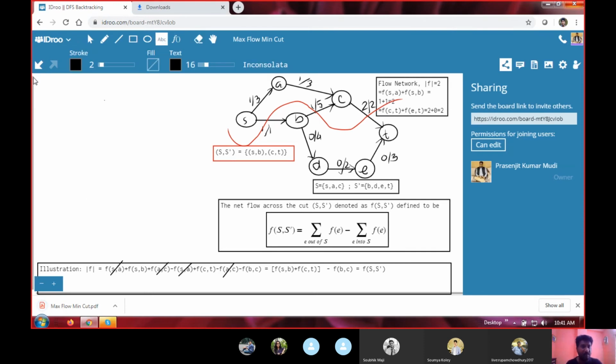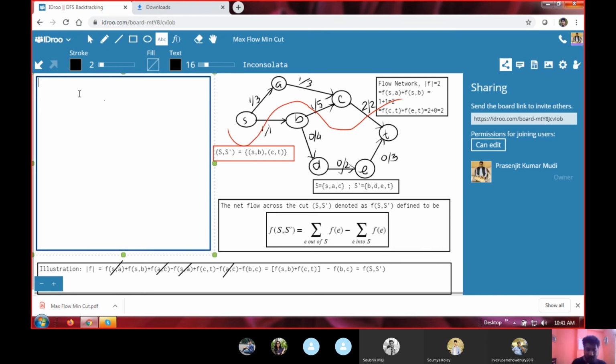So we have another lemma, lemma 2. These lemmas are very important while solving problems. Okay.